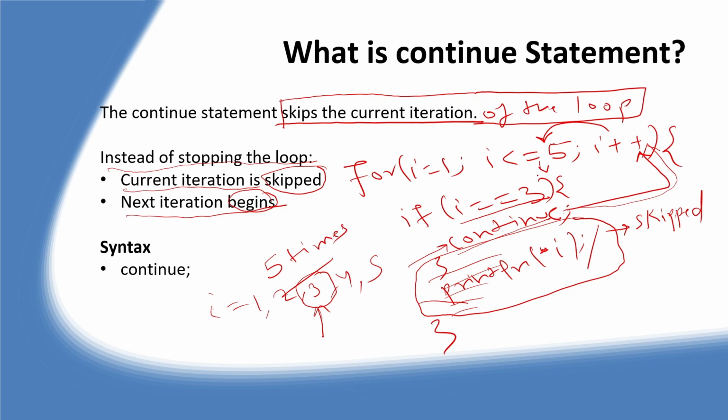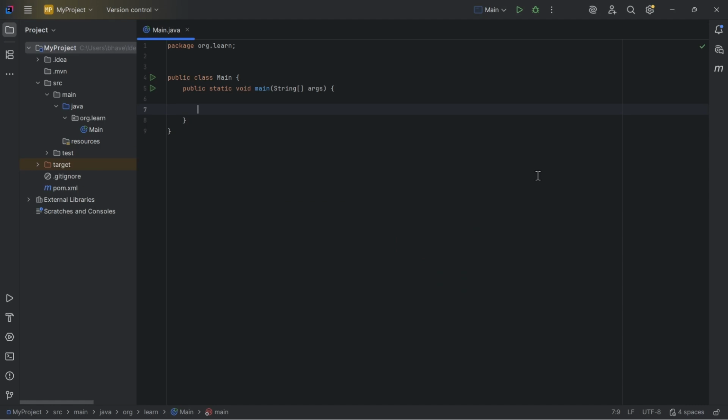So let's see in IntelliJ. We are learning the continue statement in Java. So let's say for int i = 1, i <= 5, and i++.